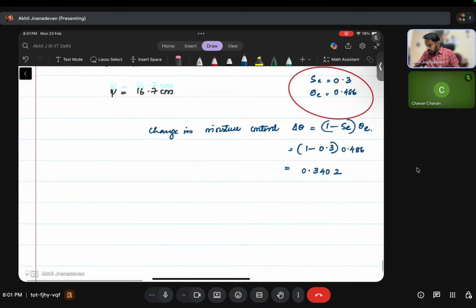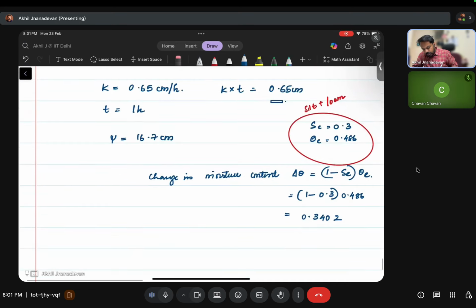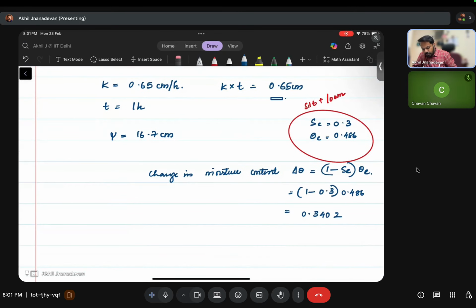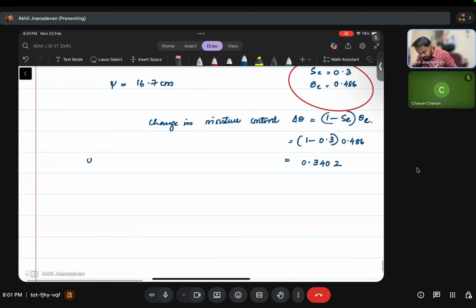The term psi delta theta is repeating, so psi delta theta is 16.7 into 0.3402, approximately 5.68 centimeter. I can substitute that also.